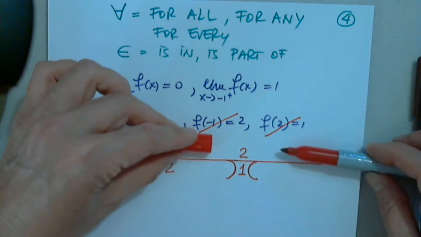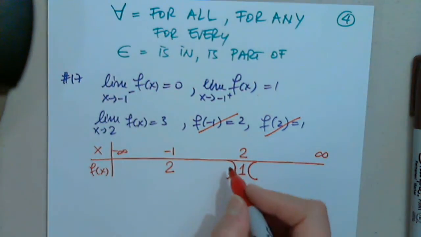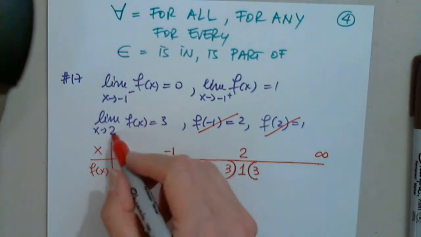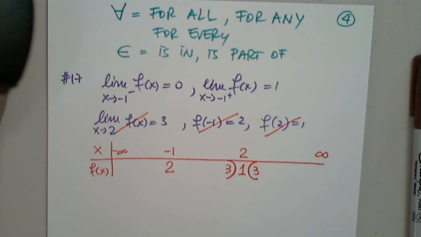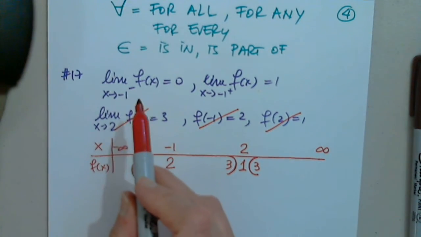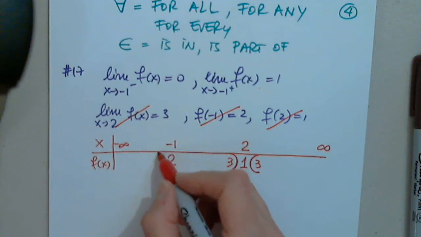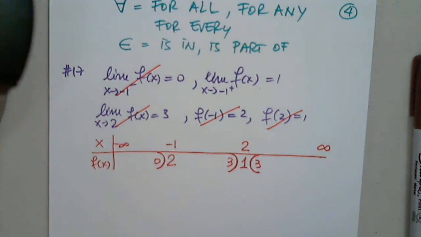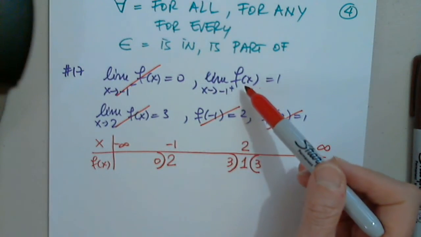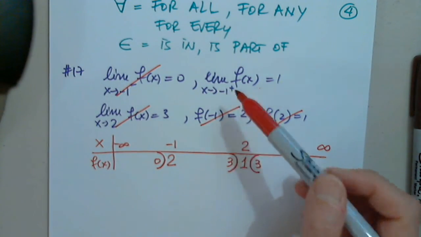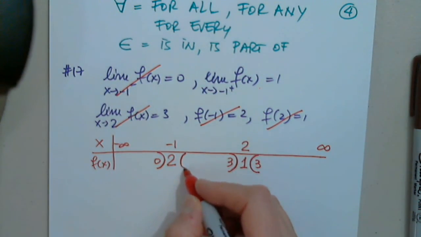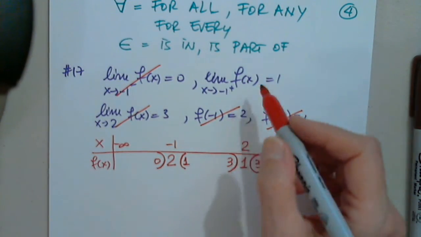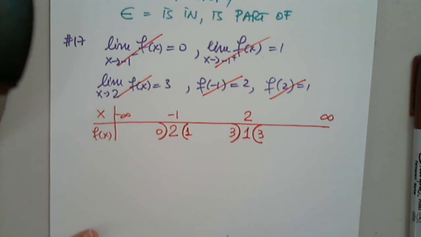Done. The limit from the left of -1 is 0. Done. The limit of f of x as x approaches -1 from the right is 1. Done. This makes sense.